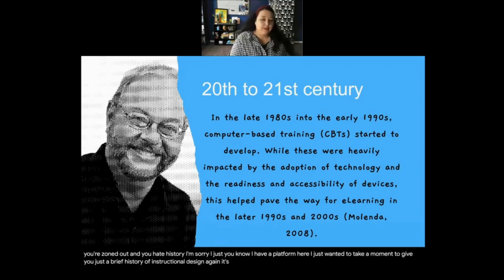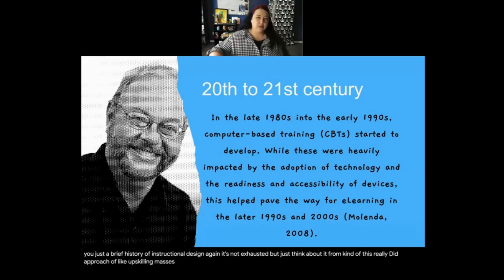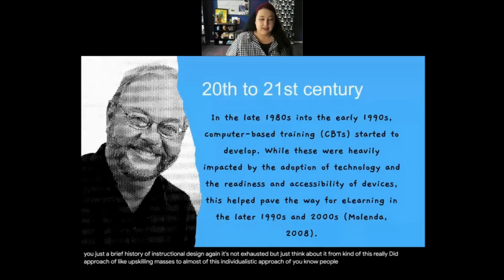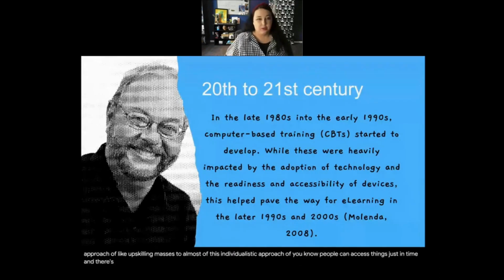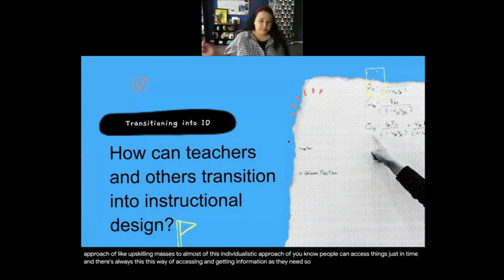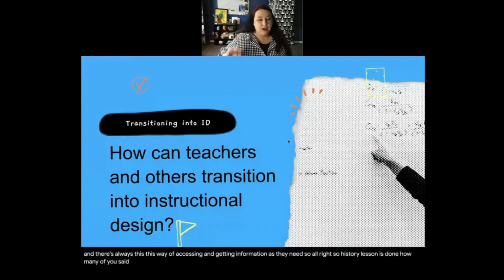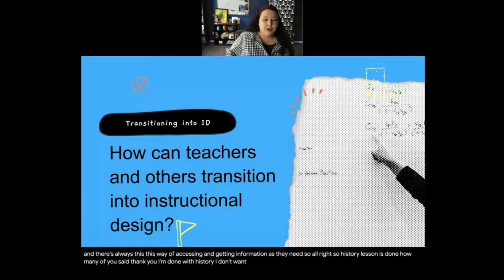Again, it's not exhaustive, but just think about how it went from this really regulated, formulated approach of upskilling masses to almost this individualistic approach, where people can access things just in time, and there's always a way of accessing and getting information as they need. So all right, history lesson is done. How many of you said, thank you, I'm done with history, I don't want any more? You're not going to hurt my feelings, that's fine, I'm tough, I promise.